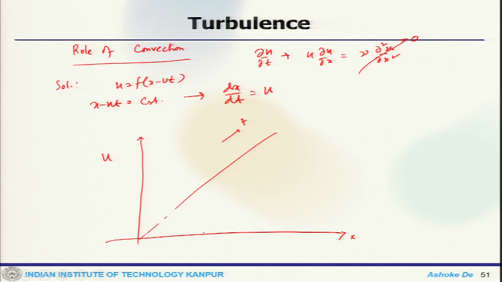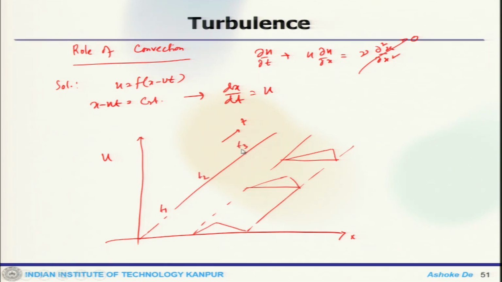So, I can see like this, where this will go like that, then this would be looking like something like that, something like that. So, these are time instants t1, t2, t3 like that.